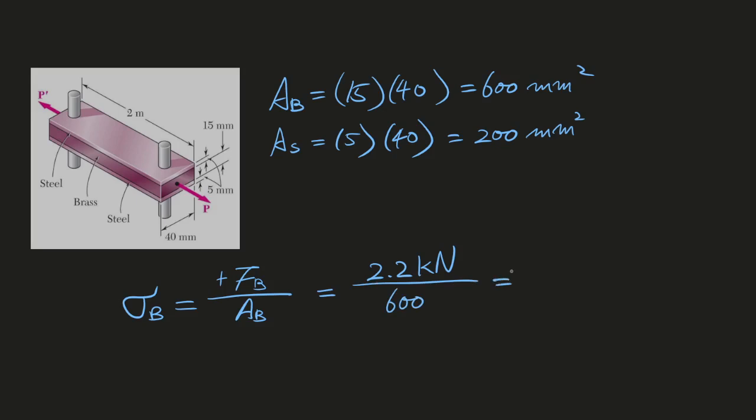This will give me an answer of gigapascal. I mean, yes, gigapascal, but that doesn't really tell me anything, so let's multiply 1,000 and you will get 3.666, rounded last one to 7, megapascal tensile.